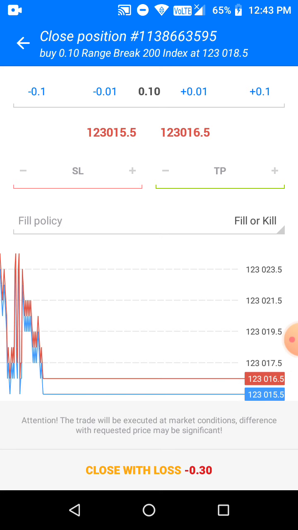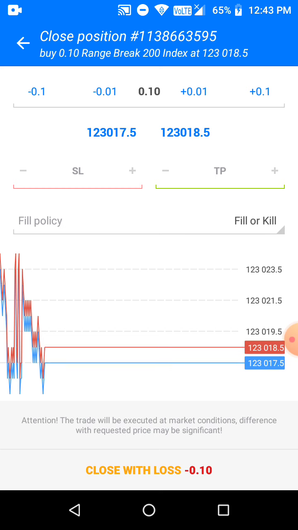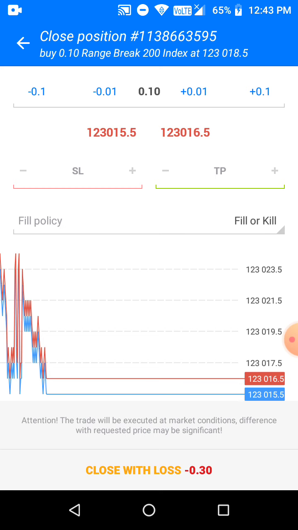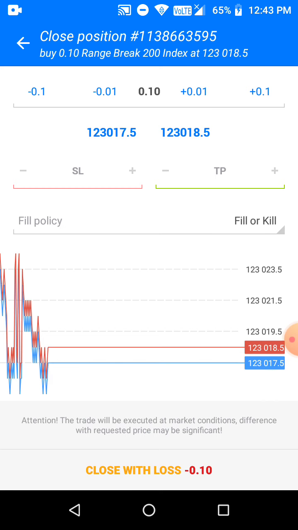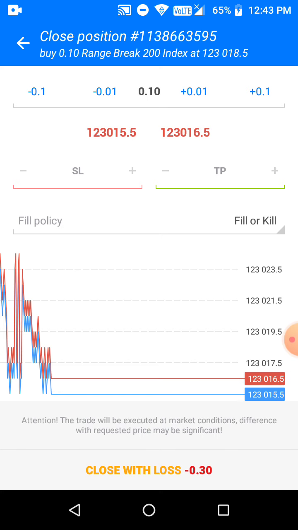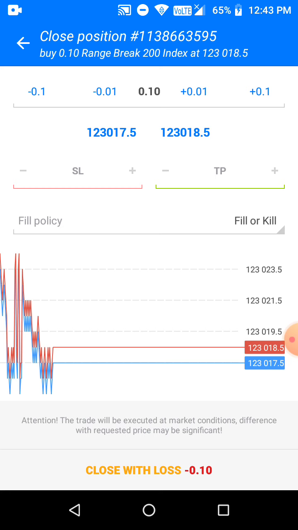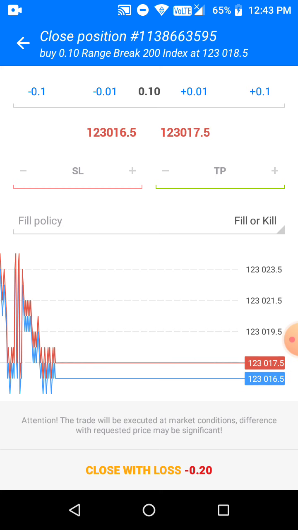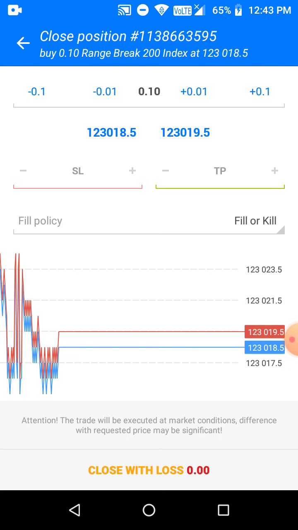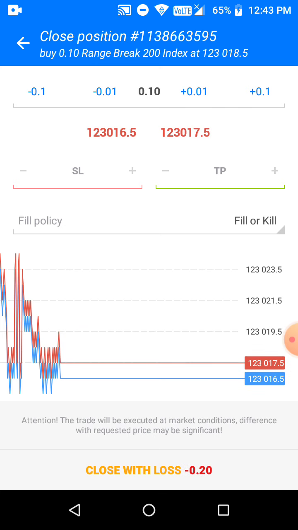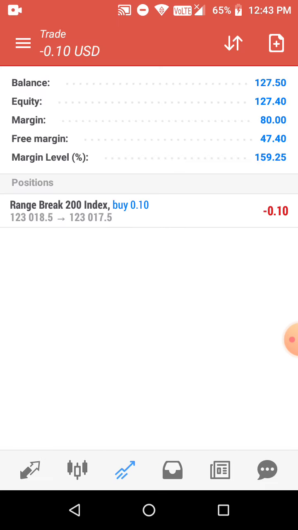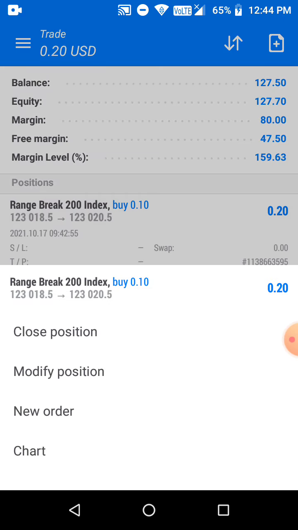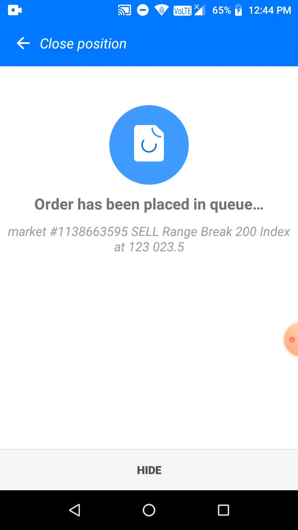Let's wait to get in the blues, then we can close this trade, since you can't open multiple positions already. There.